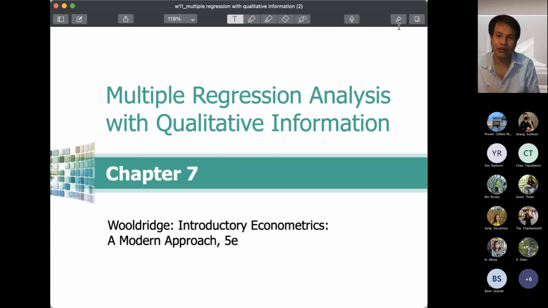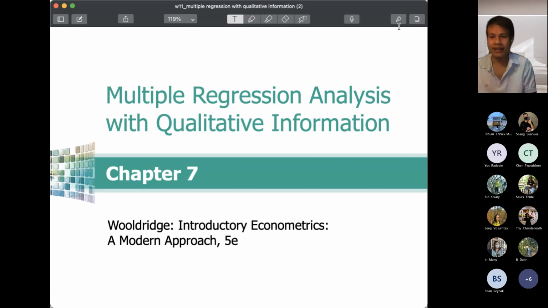We have not so far discussed qualitative or categorical variables yet, right? Today, we're going to have a look at multiple regression analysis with qualitative information.